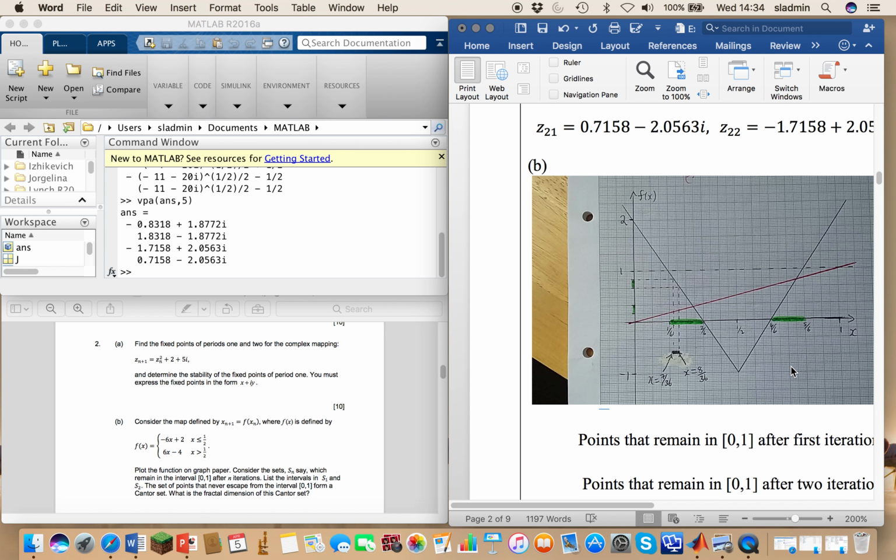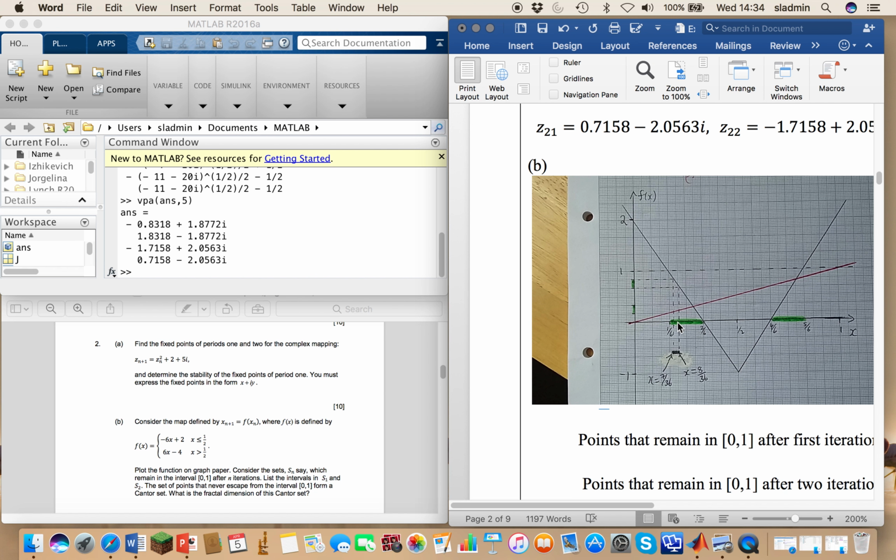So using graph paper, pencil and rule, we can see here we've drawn the line minus 6x plus 2, this first branch here. Then we've got 6x minus 4, this branch here for x between 1/2 and 1. And the red line is the line y equals x.